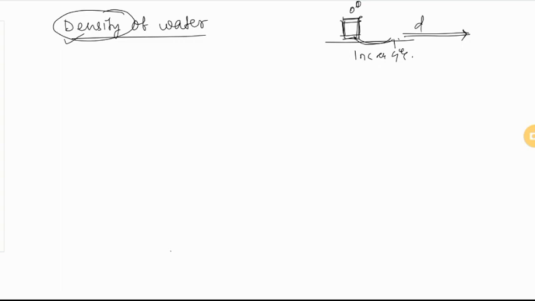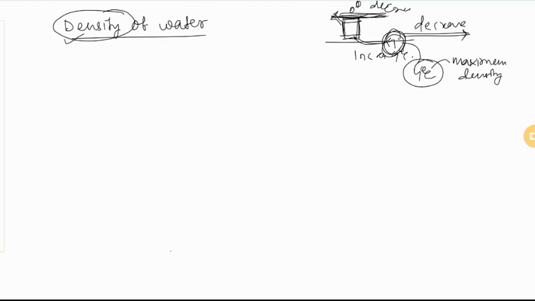Okay, and then this way 0 to 4 degree centigrade, here too density, from 4 towards 0 degree centigrade, on losing heat, its density decreases. So the density of water is maximum at 4 degree centigrade. Here you will get maximum density.